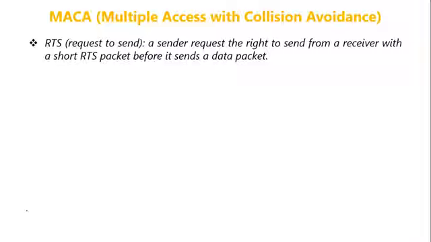Already we have discussed that we need a special MAC for wireless networks, because we cannot borrow the same MAC protocol used in wired networks. A wireless network cannot sense the collision happening at the receiver end, so collision detection will fail, and the same wired protocol cannot be used in wireless networks.